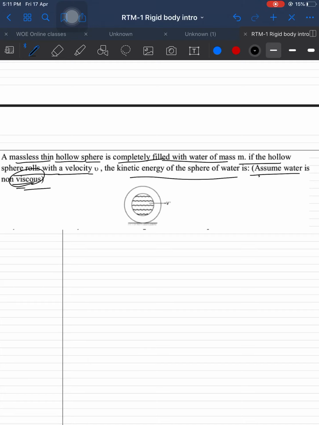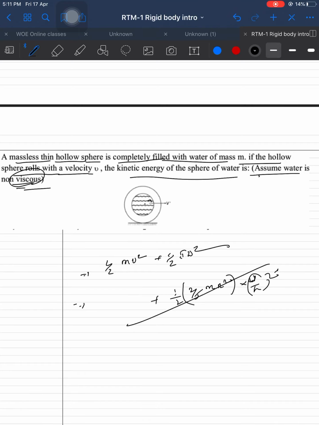What is the formula? Half mv squared plus half I omega squared. If you do half mv squared plus half of 2 by 5 mR squared into omega squared, with omega equal to v by R, it is wrong.